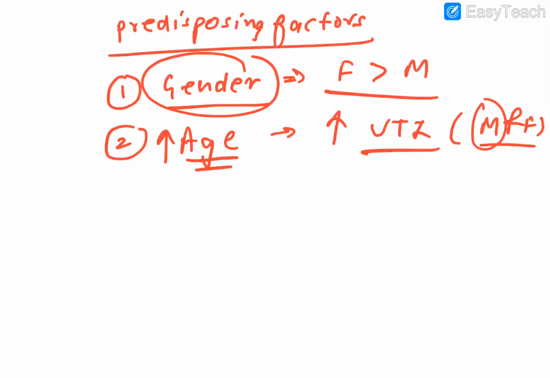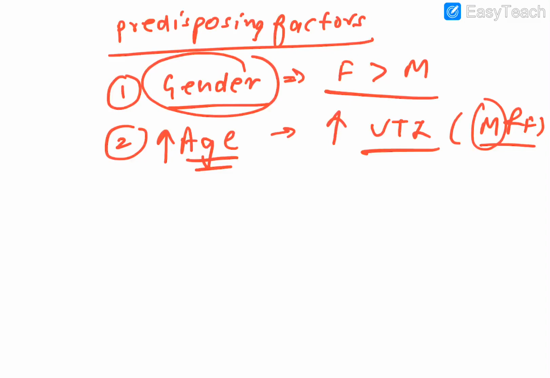That leads to prostatic hypertrophy, which leads to obstruction, and that leads to increased chances of UTI. And females also tend to have more chances of developing UTI as the age advances. So this is also playing an important role, that is the age.